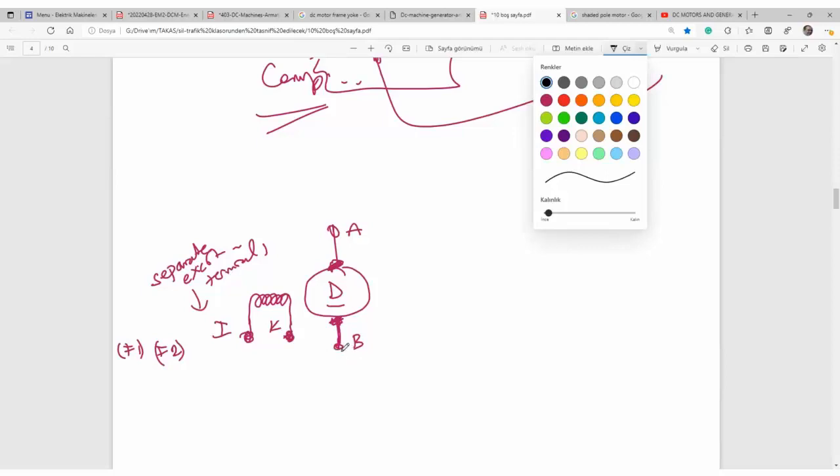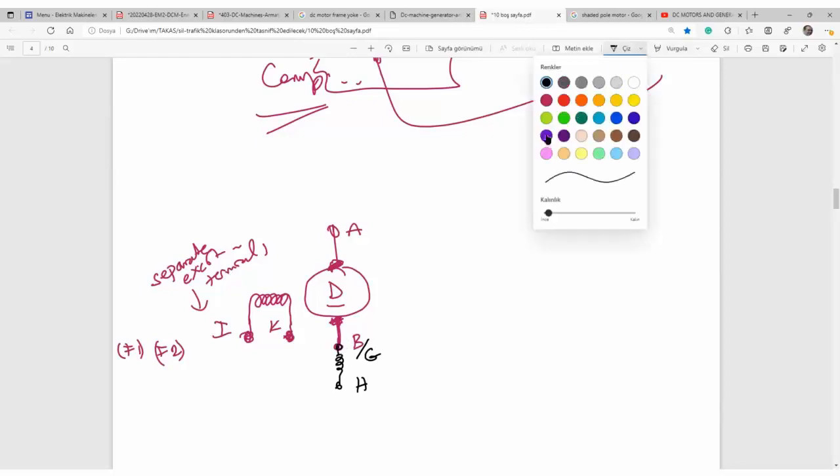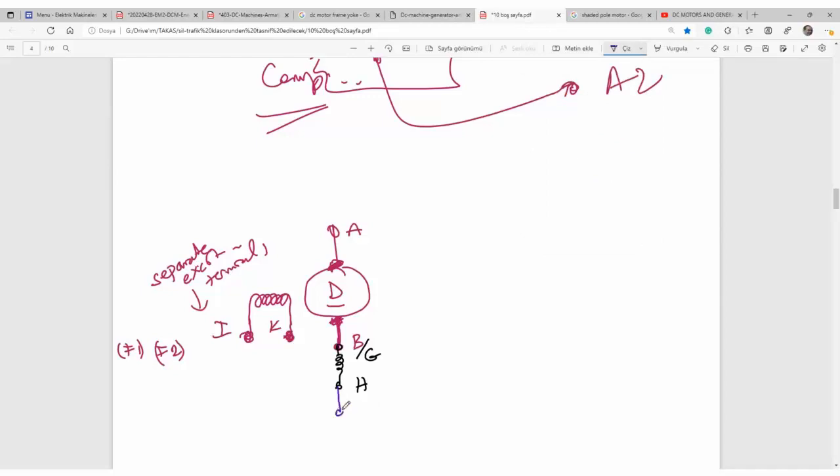The compensation and interpole windings will be shown here, connected in series. It is G and H, but in new machines, in new designs, we call it A1 and A2 here, including interpoles and compensation winding.